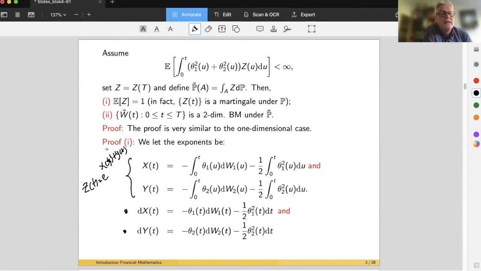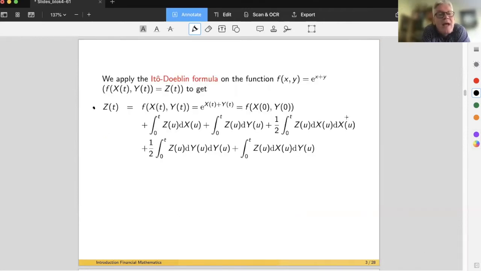So we see something like e to the power x plus y appearing for our Ito-Doeblin formula, and the dynamics for x and y for the two exponents are also important. And again, if we can show that Z is a martingale, then the expected value of ZT is equal to the expected value of Z0, and that is equal to 1. And that is exactly what we need to prove in the first statement.